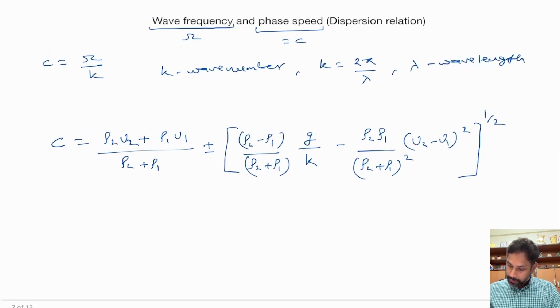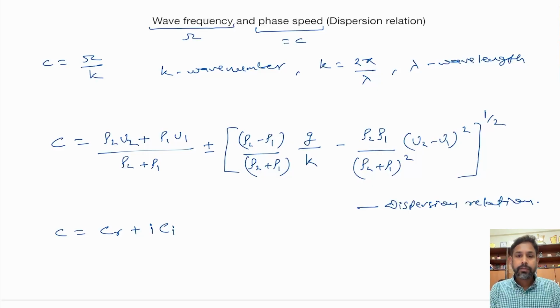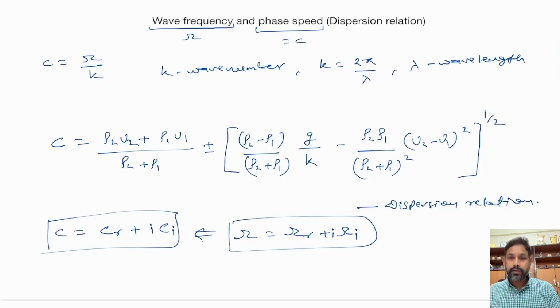And this equation that you get here can also be called the dispersion relation, which we already derived for a stable wave, right? And what you see here is that c has both real as well as imaginary parts. Okay, likewise, this is actually coming from omega, which is omega r plus i omega i. Okay, so omega has both real and imaginary parts. Likewise, the phase speed has both real and imaginary parts.